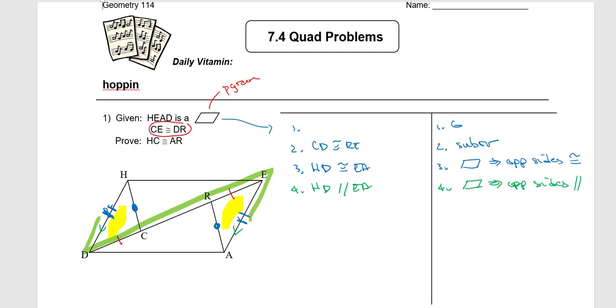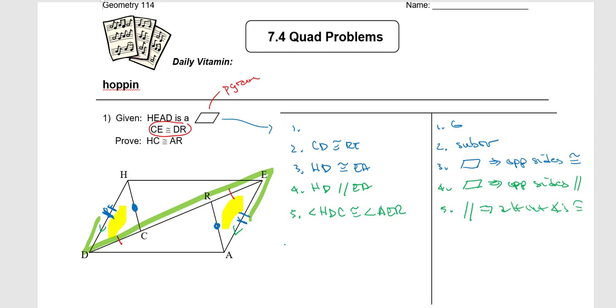I can say now that angle HDC is congruent to angle AER. That's because of what we learned in sections 1 and 2, that if I have parallel lines, then the alternate interior angles are congruent.